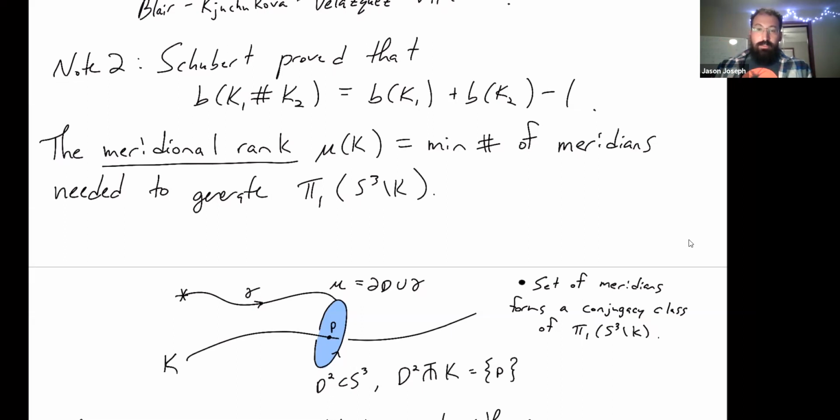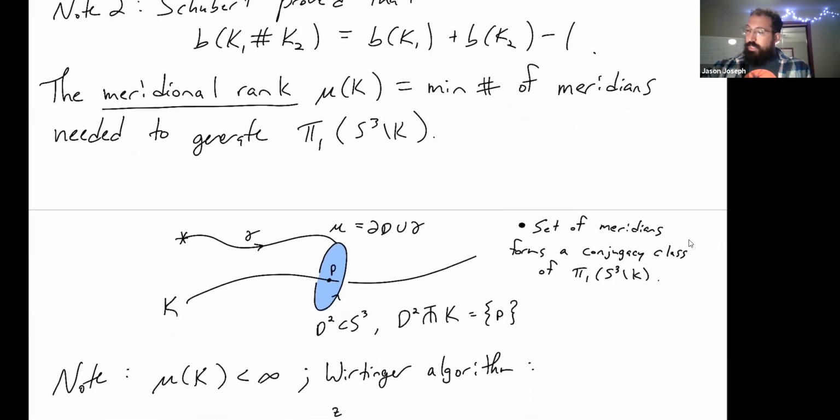So there's a little transverse disk at every point of the knot, and a meridian consists of the boundary of that disk together with a tail to the base point. The set of meridians always forms a conjugacy class. All meridians are freely homotopic.